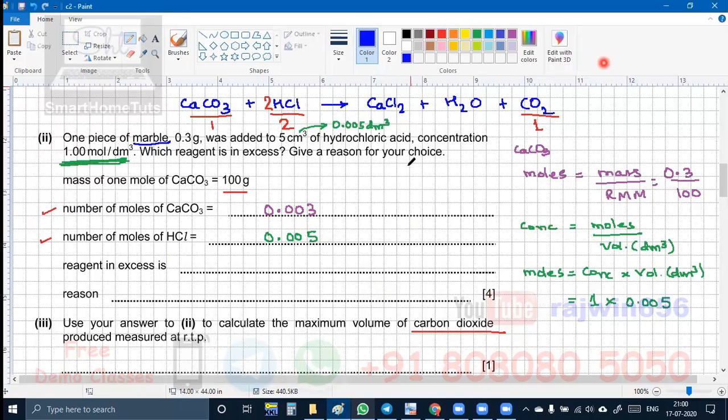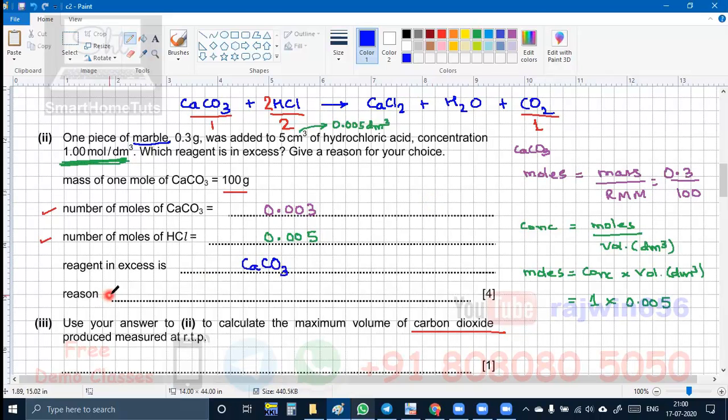So for the answer, I'm going to write that the reagent that is in excess is CaCO3, calcium carbonate. And for the reasoning, either you can write this to this or this to this.